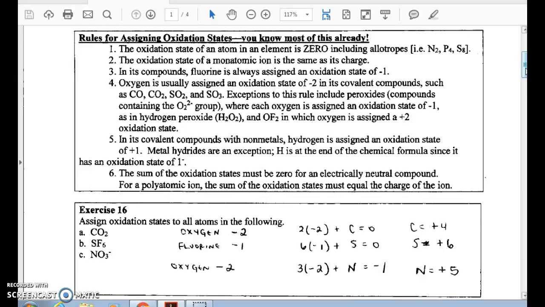Usually at least one of the rules for assigning oxidation states applies, and then you can use that information and rule number 6, that the sum of the oxidation states must be 0 for an electrically neutral compound, and for a polyatomic ion the sum of the oxidation states must equal the charge of the ion, to figure out what the other atoms are.